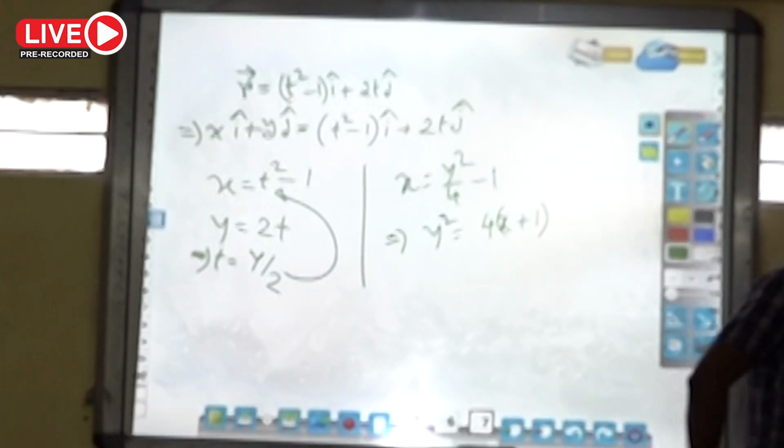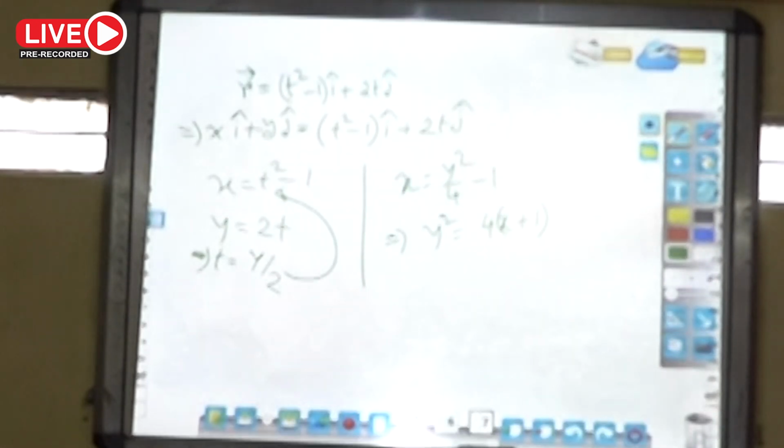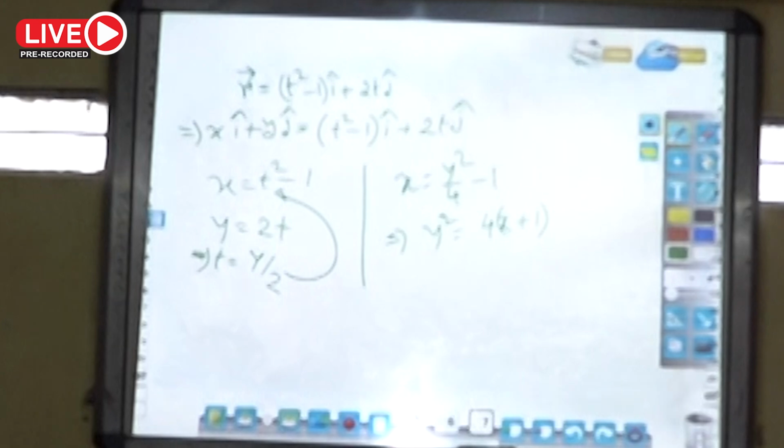Now, next problem. A particle is thrown with speed 10 meter per second at an angle 45° with horizontal.